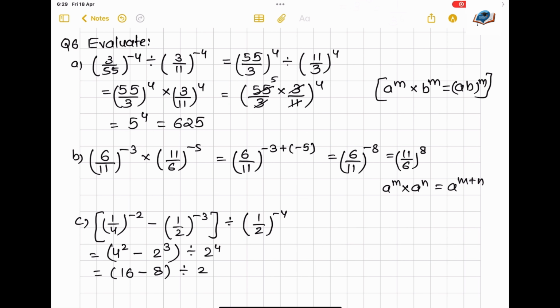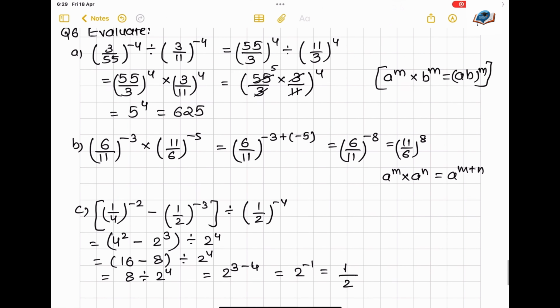So 16 minus 8, 8 divide by 2 raised to 4. So 8 I can write as 2 cube, divided by 2 raised to 4. So this will be 2 raised to minus 1. So my answer will be 1 upon 2.